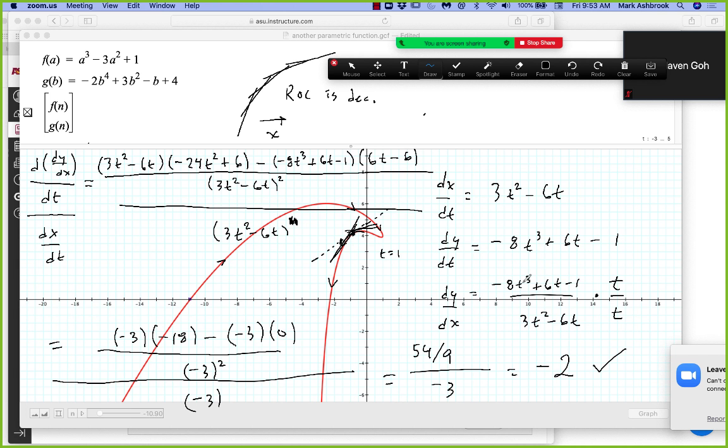Your numerator multiplied by t is no longer dy dt, and your denominator multiplied by t is no longer dx dt. So you're preserving the value of the whole ratio, or you're preserving dy dx by doing this, but now your numerator and denominator are no longer dy dt and dx dt. So just keep that in mind. Like here, we could have combined these and made this minus 3 cubed. But if you do this step, you can't do that because the denominator is no longer dx dt.